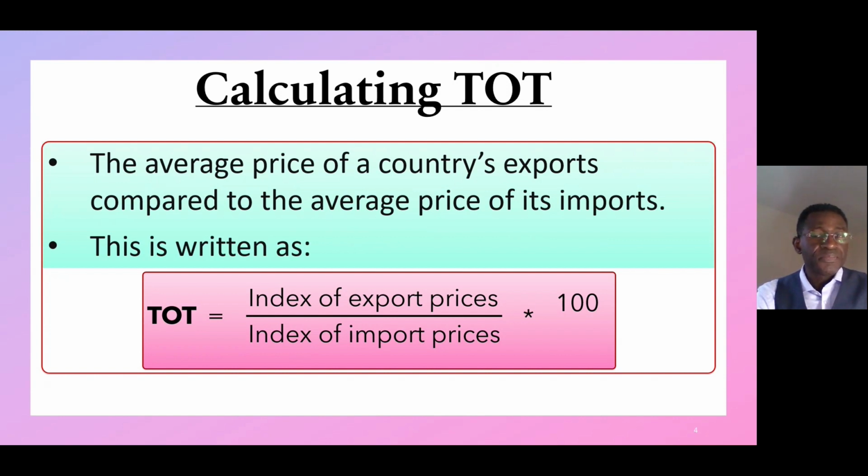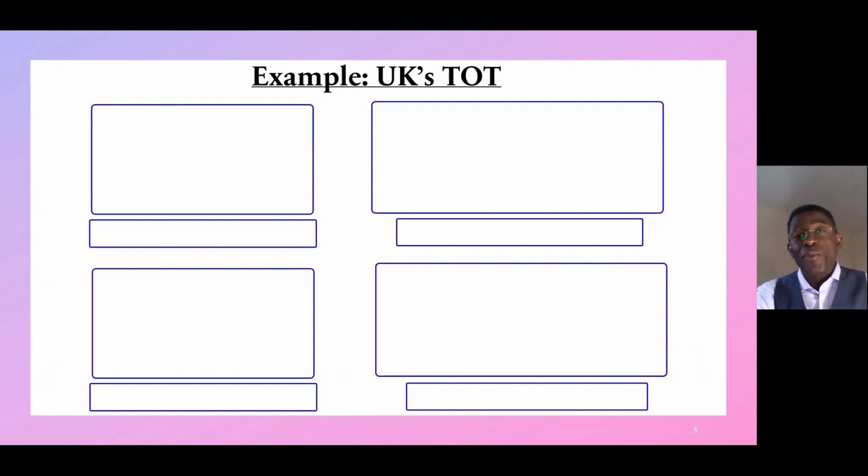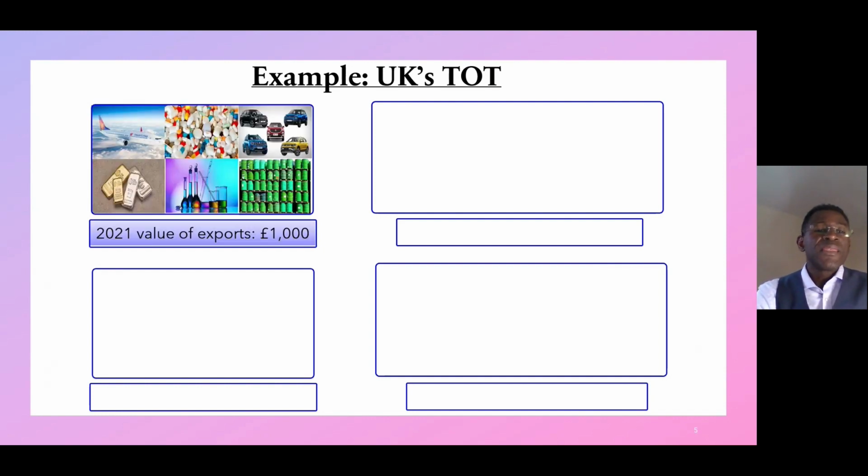multiplied by 100. To illustrate this formula, I would like to use the UK's trade for 2021 and 2022. Let's assume that in 2021 the value of the UK's exports was £1,000. Of course, in practice these amounts are into the billions, but because I want to get my point across, I just want to use very simple numbers.